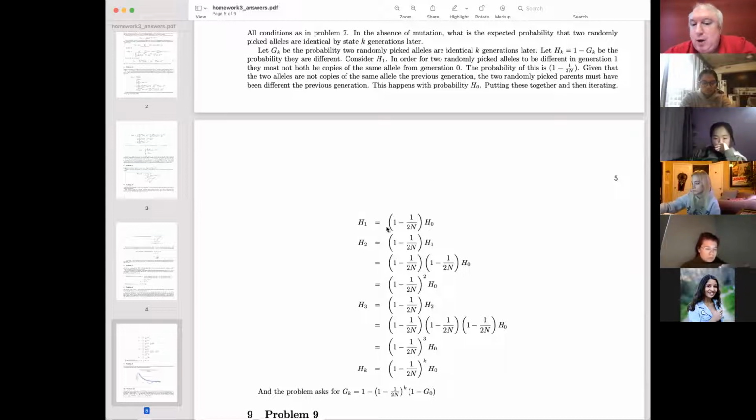That gives us H1 equal to that, H2 is that, and you rather rapidly arrive at the conclusion that Hk is (1 minus 1/2n) to the k times H0, through nowhere near as sophisticated an argument as you just presented. Because you just said that Hk is really a variance in allele frequency.